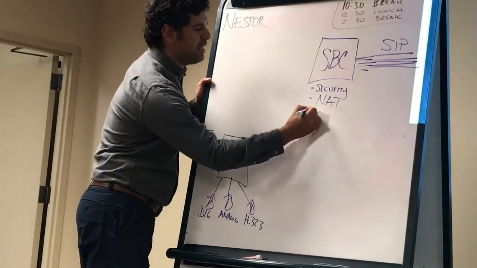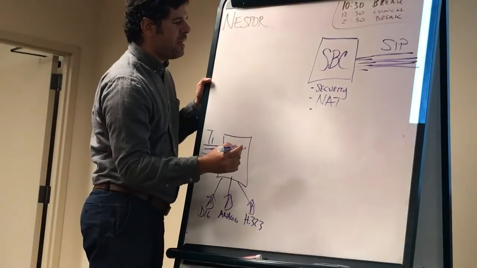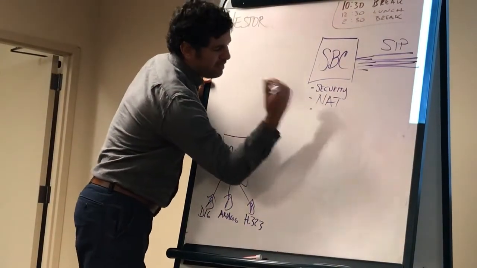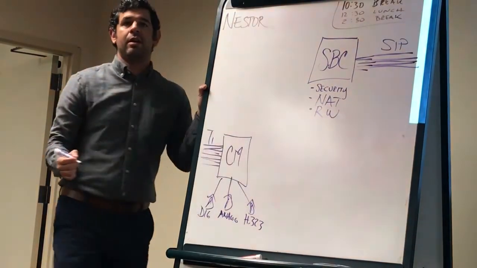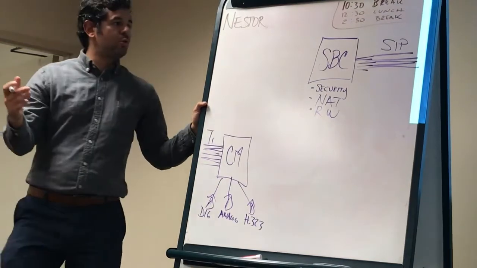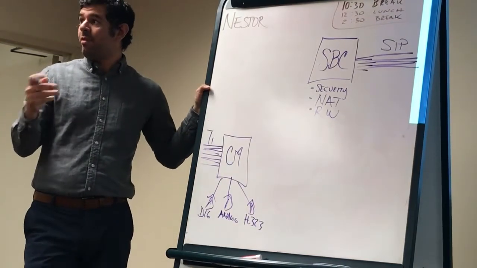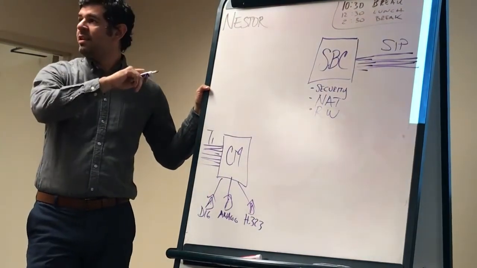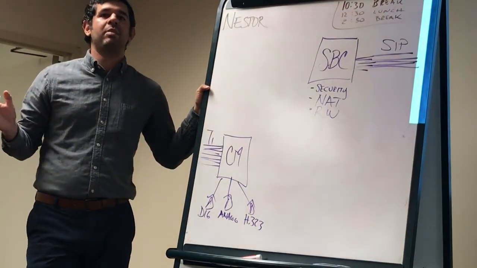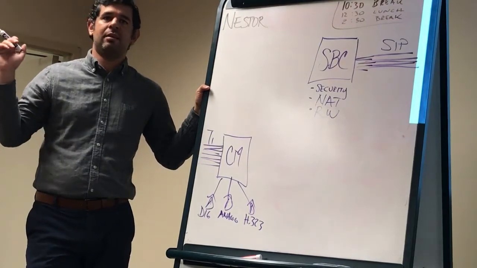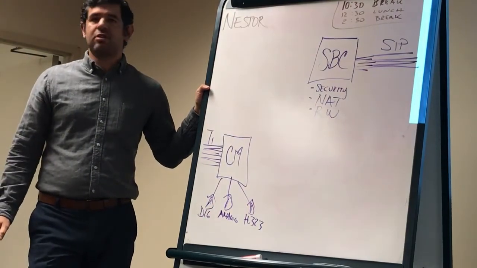What else could the SBC do? If it's an Avaya SBC, you could do something known as remote worker that allows you to register a SIP phone through the SBC with Session Manager and without the need of a VPN. It'll be just SIP registration.